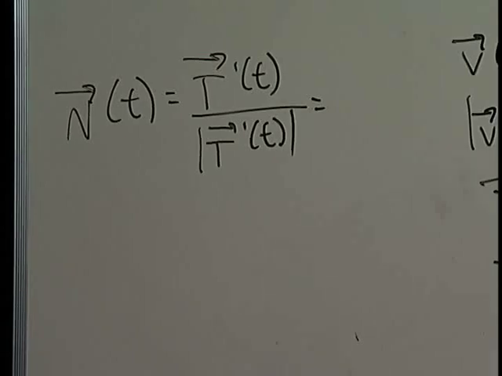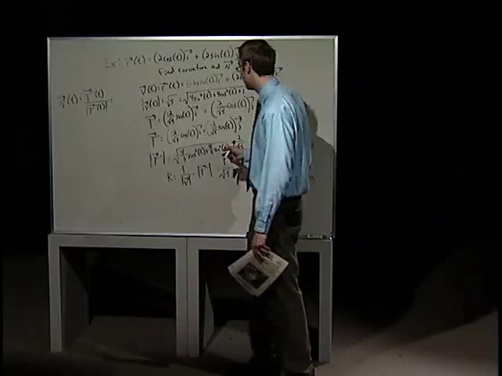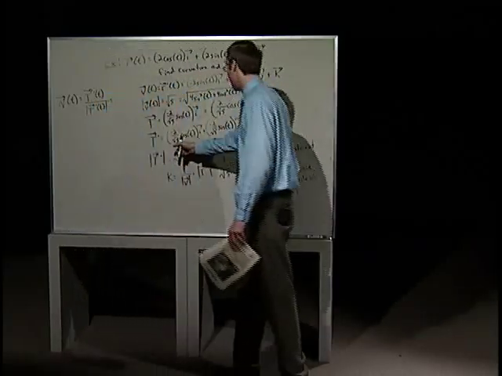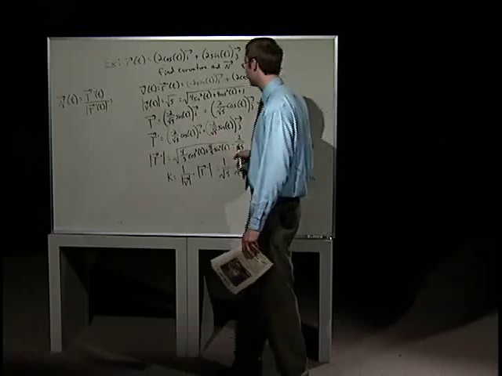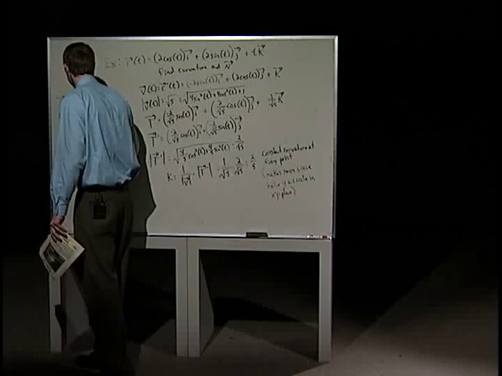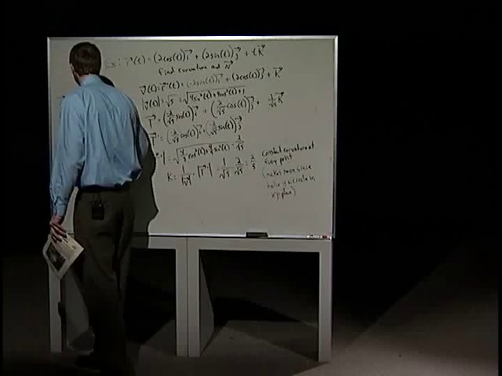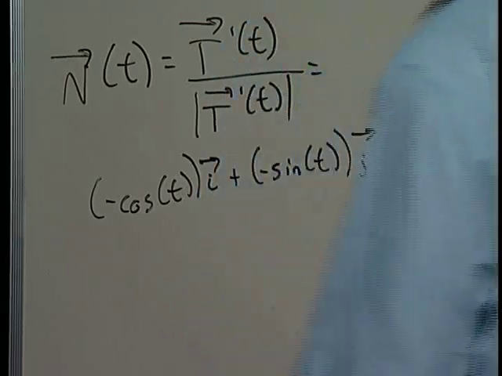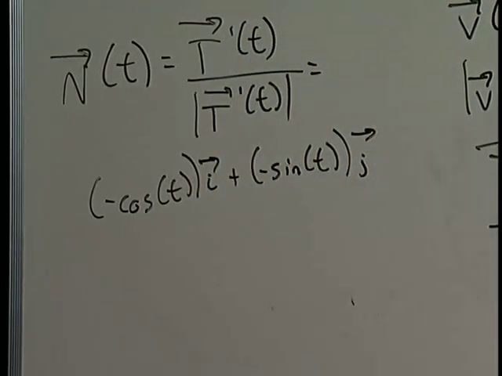So T prime is this over its length. That will cancel, that will cancel, and we're going to wind up with negative cosine t i plus negative sine t j. This is going to cancel itself out, and it looks good.